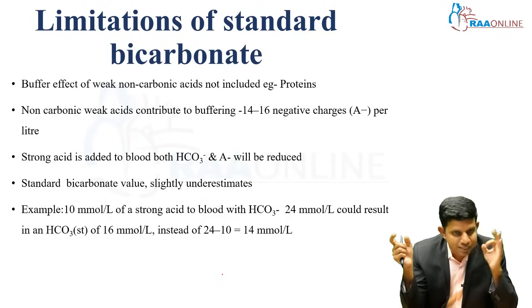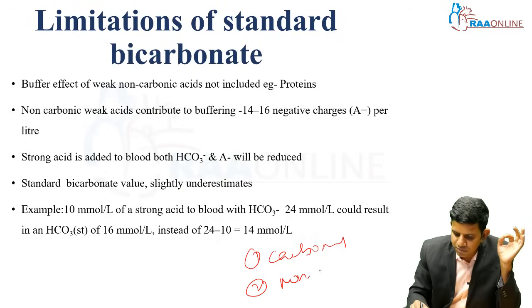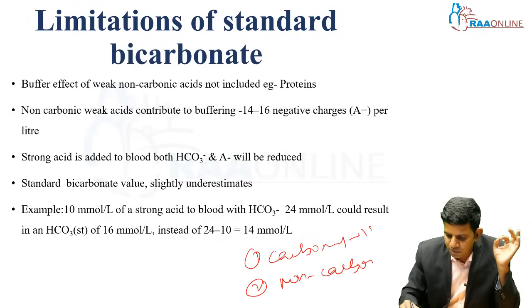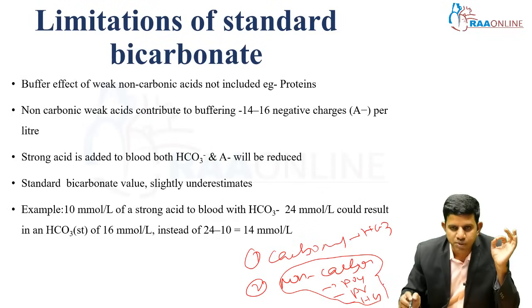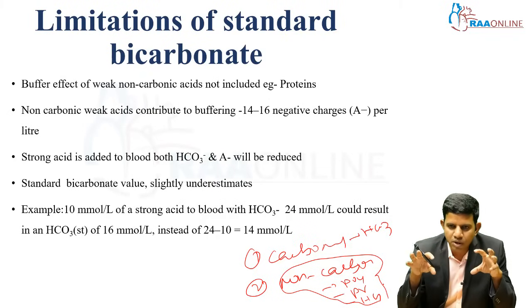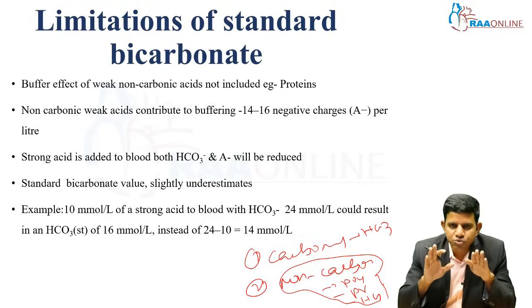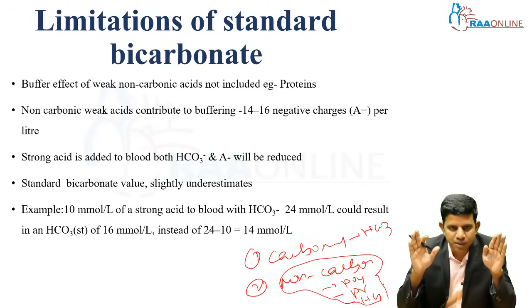There are two types of buffers. One is the carbonic buffer system, and the second is the non-carbonic buffer system. The carbonic buffer system is our bicarbonate. The non-carbonic buffer system includes phosphate, protein and hemoglobin. Whenever there is any change in the acid content in the body, both the carbonic and non-carbonic buffer systems will come and neutralize the acids, normally.